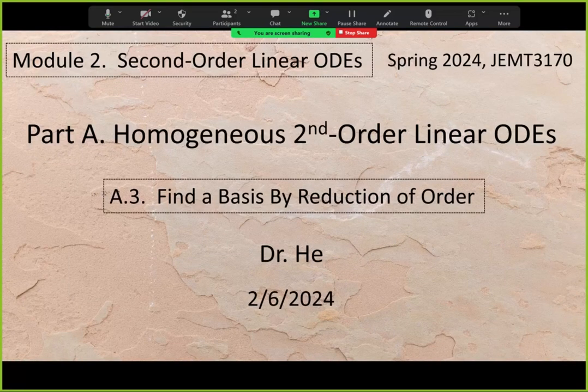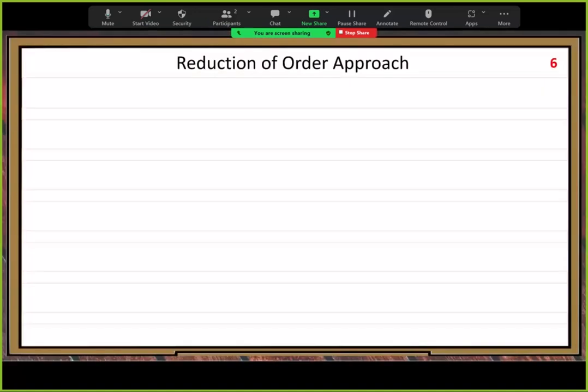(8.3) Find a basis by reduction of order. Now I show you how to do the reduction of order, just some special substitution. We can do the reduction. Find the basis of solutions of this special example.